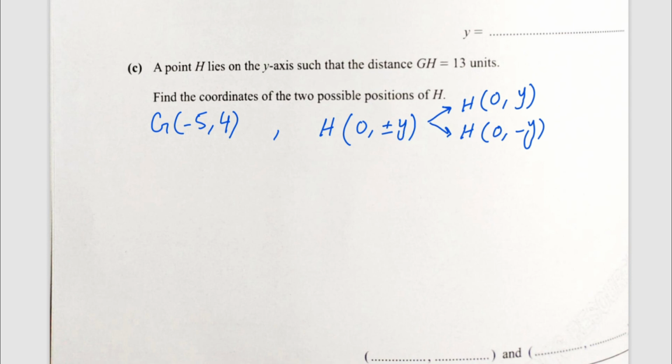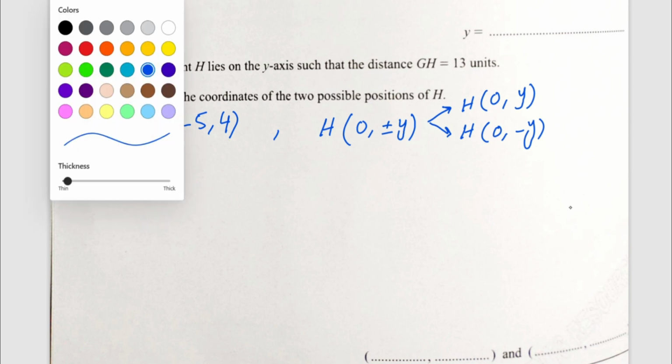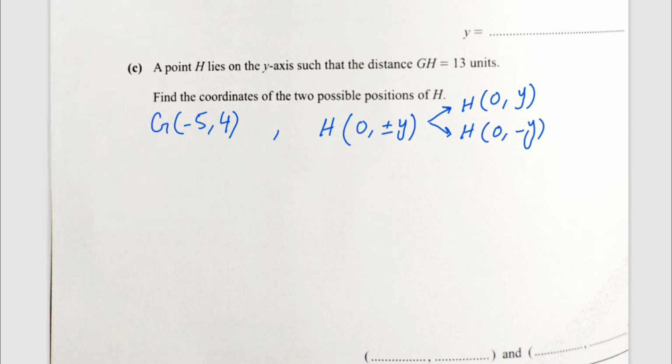Now, in order to find the y coordinate, we will use the distance formula. Between G and H, first of all, we will consider the G point as minus 5, 4 and the H point as 0, plus y. The distance between G and H is given to us, which is 13 units.